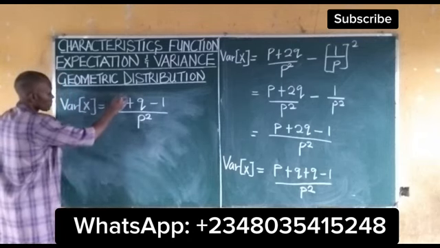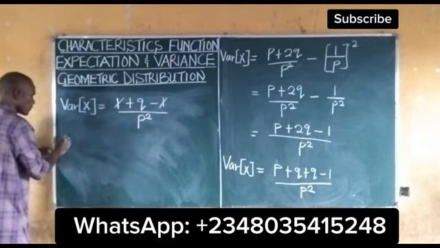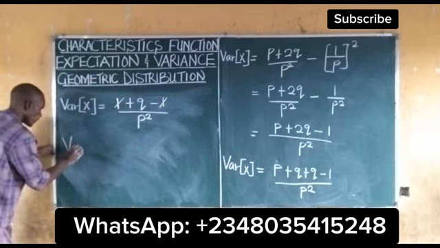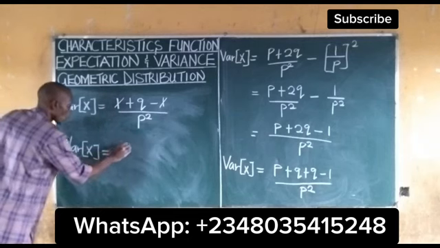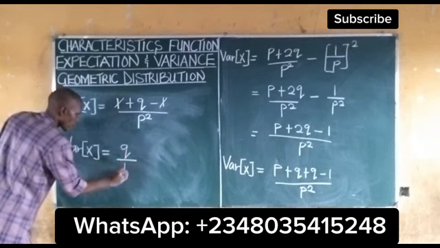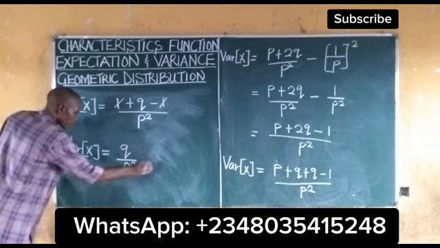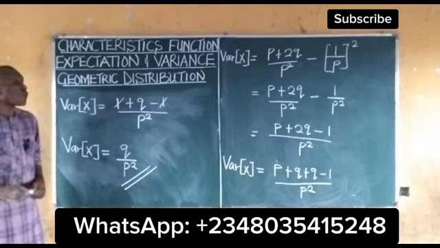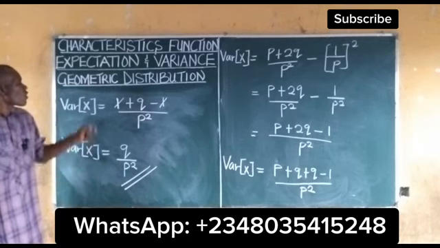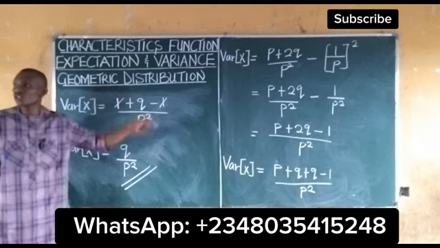Of course, this will cancel this. It then means that our variance of x is equal to q all over p squared. So this is how to obtain the variance for the characteristic function of the geometric distribution.